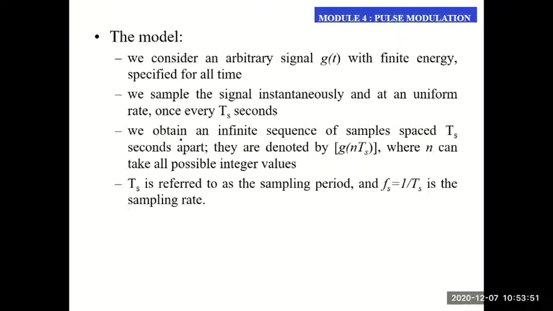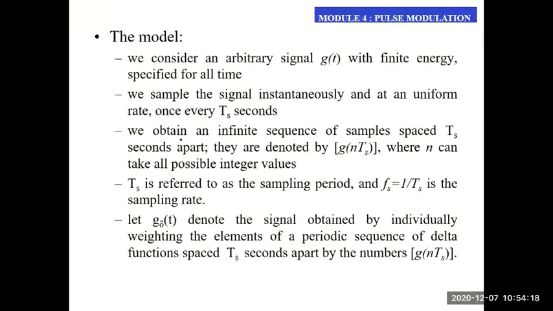Fs is known as the sampling rate. So you should understand what the sampling rate is. The sampling rate is the inverse of the sampling period, which is 1 by Ts. So Fs is 1 by Ts, and only when we sample at the proper rate will we be able to recover the original information in the analog signal correctly.